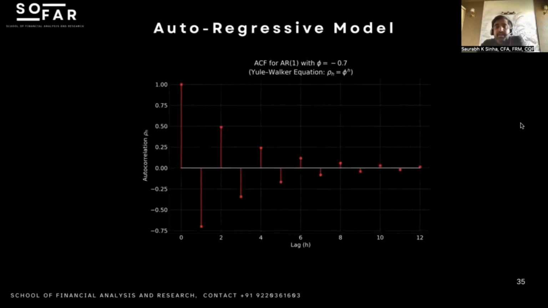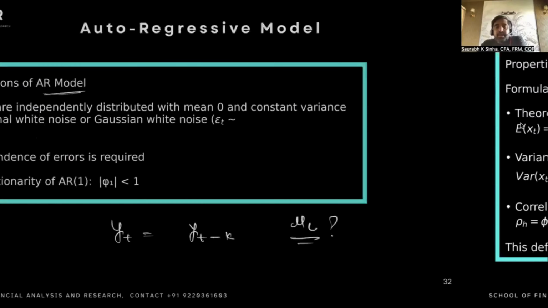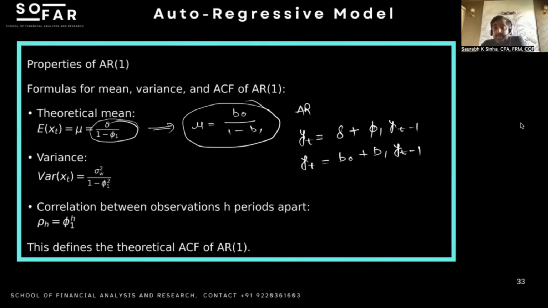So wherever you find that things are mean reverting, you can use the model. Exchange rate is also one of the best examples of mean reversion in the long term.